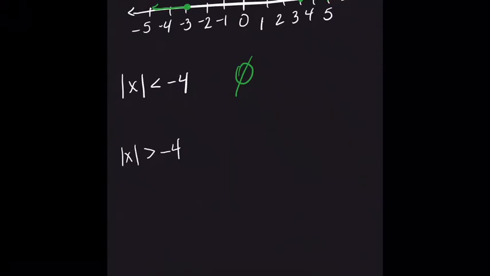So if we're saying the absolute value of x is greater than -4, then we can be sure that all real numbers satisfy this inequality. All right, so if we were going to graph it, we would do so like this.